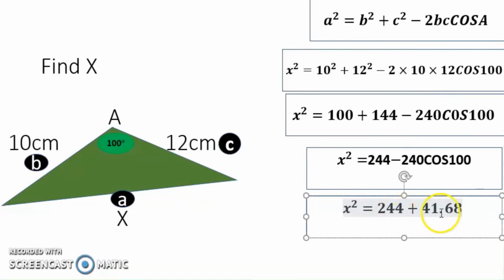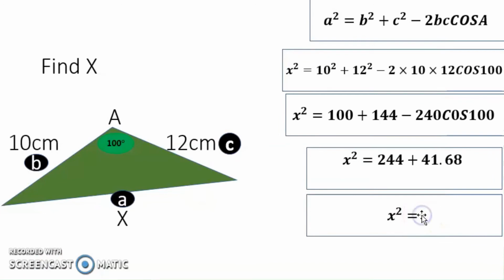Now we are going to add these two: 244 plus 41.68 is equal to 282.68.